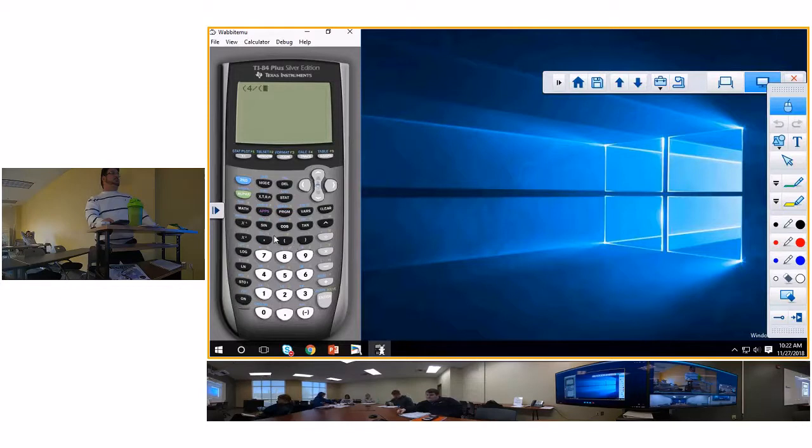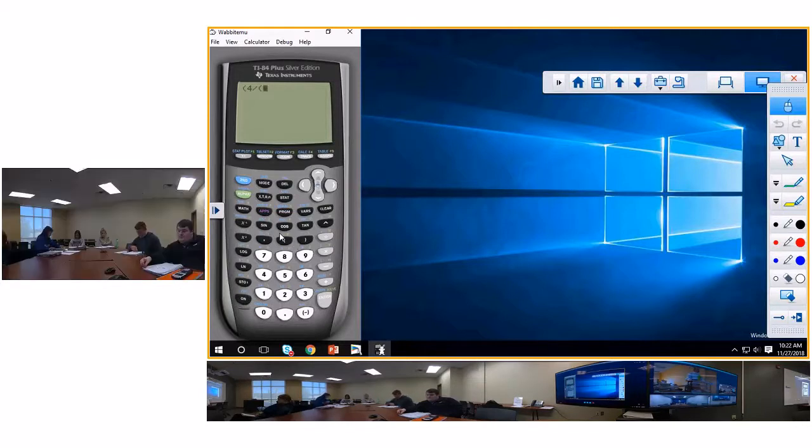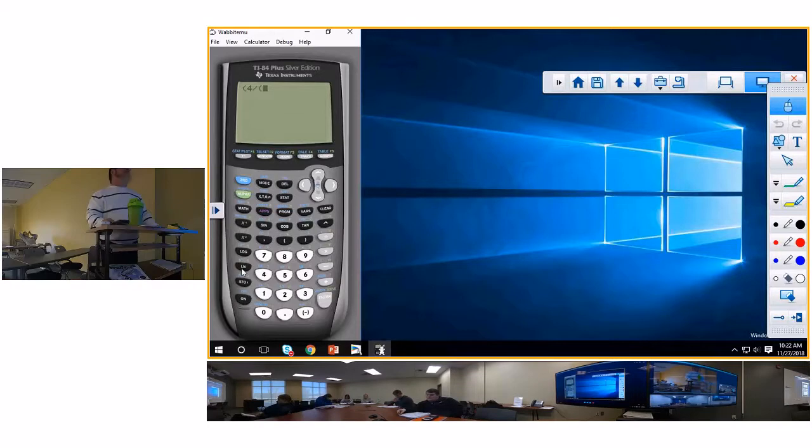E cubed. E to the third. Was it minus 1 or plus 1? Minus 1. Close parentheses, and that's equal to 0.21. So write that down as 0.21.